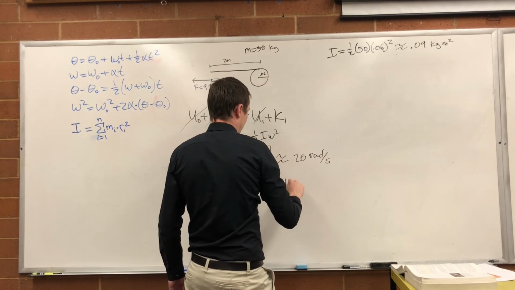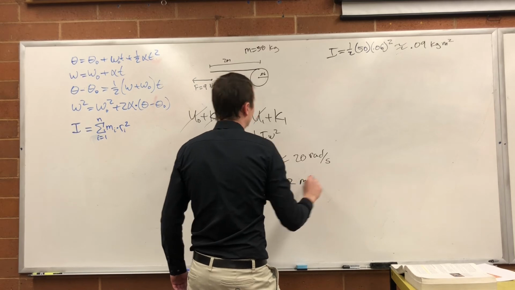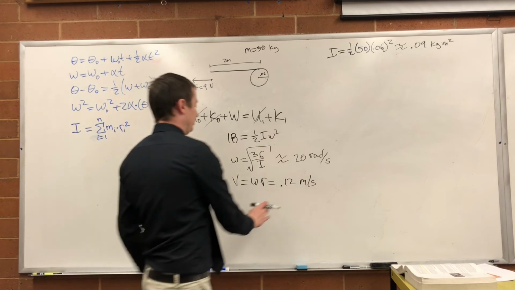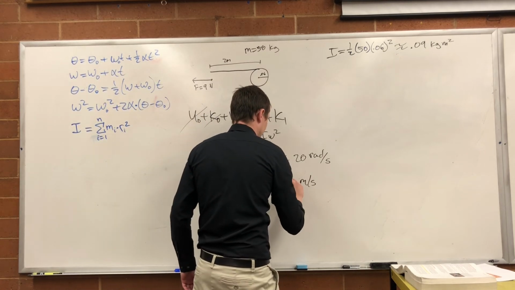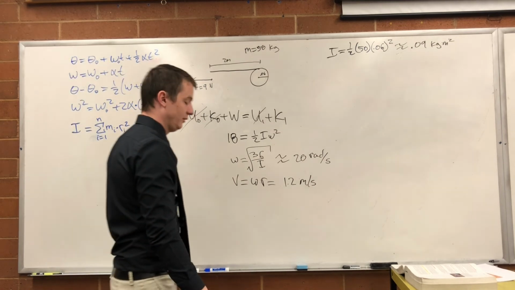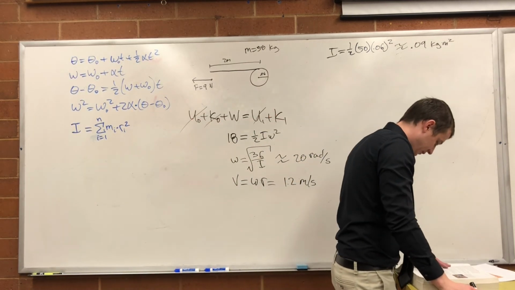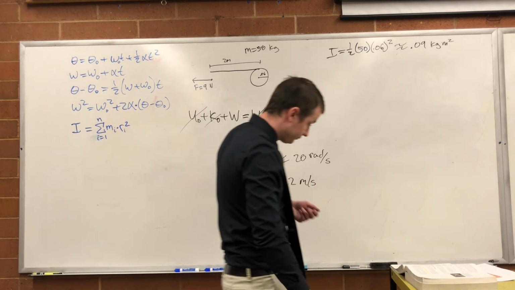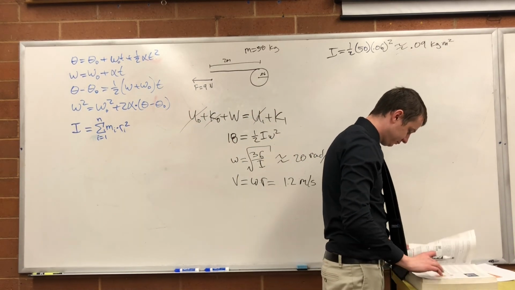Is that right? No, 1.2, sorry. 1.2. Way off. There we go. Double check with them. 1.2 meters per second. Okay. That's it. That's all they were after.